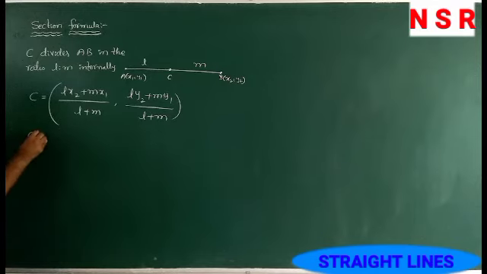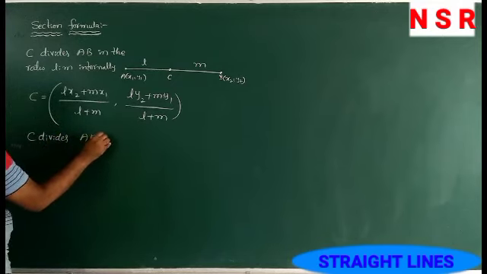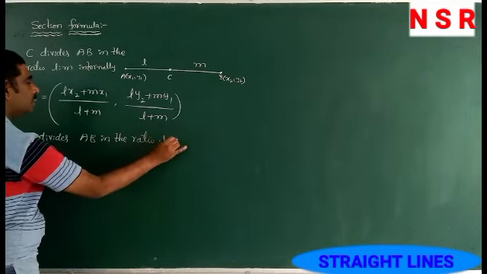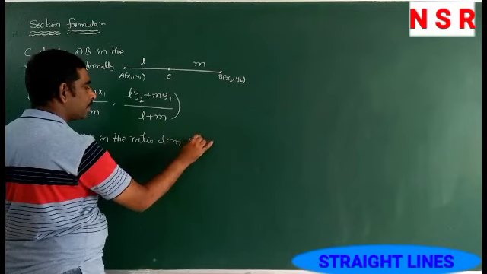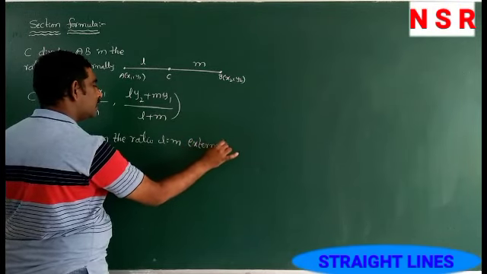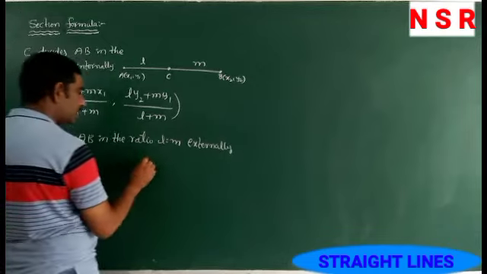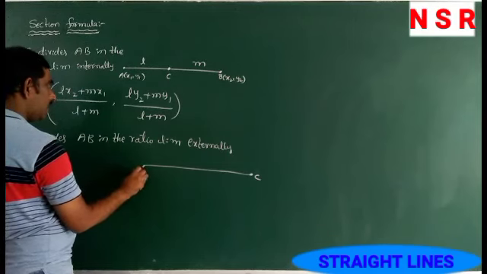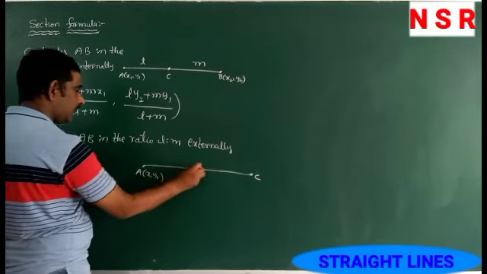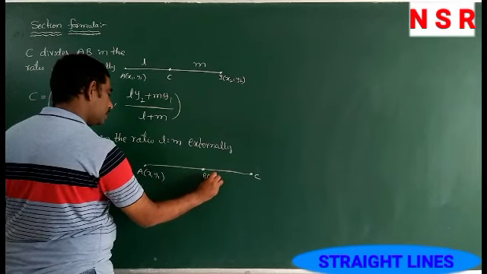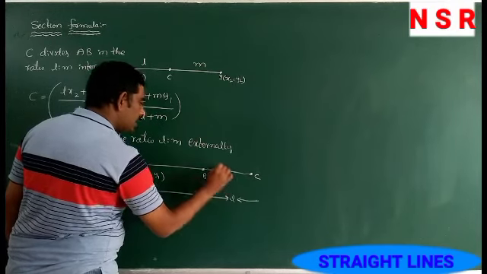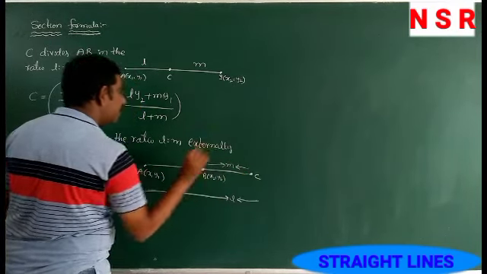Similarly, if C divides AB in the ratio L:m externally, so we have the internal section formula and also the external section formula. External means C is outside, with A (x1, y1) and B (x2, y2). The distance from A to C is L and the distance from B to C is m.